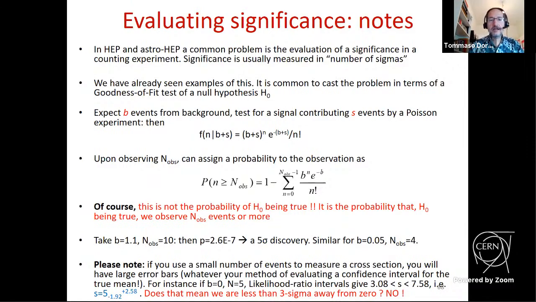Now, we will do a tutorial where we estimate tail probabilities with and without significances for Poisson data, so a counting experiment. But let me make a couple of points here. Both in astroparticle and in particle physics and in neutrino physics, we do counting experiments.